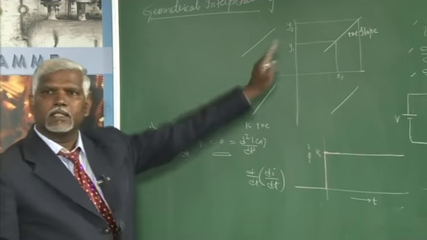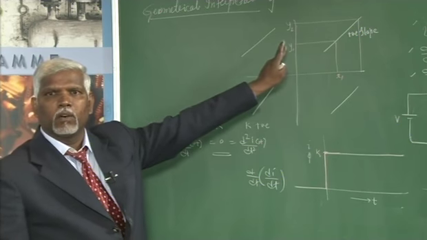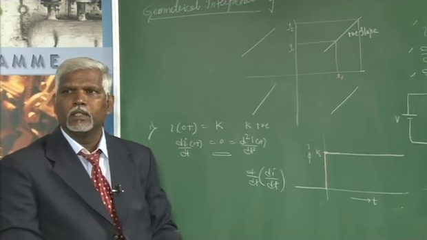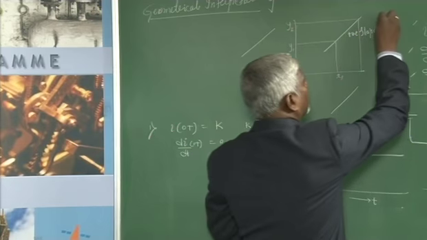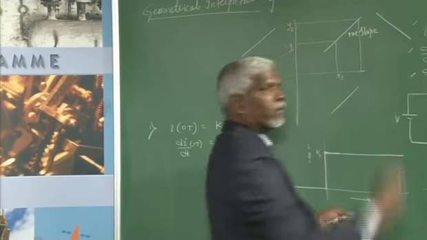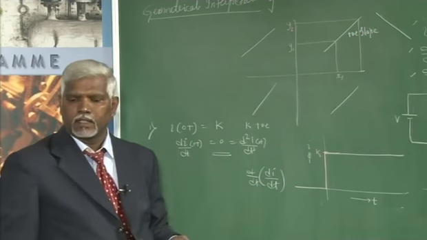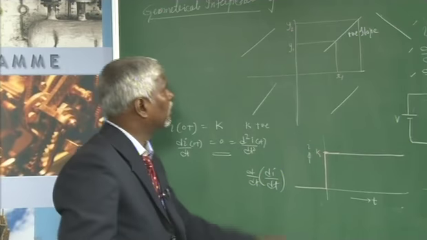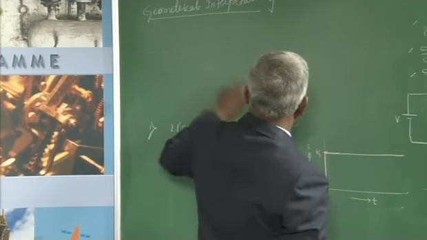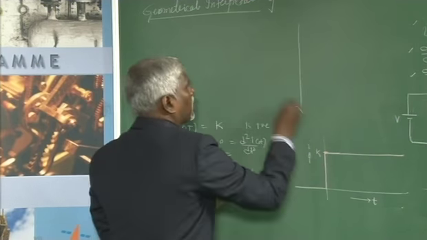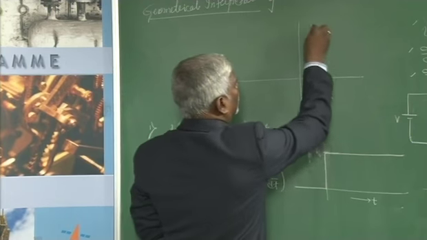If the line looks like this, it is a positive slope. What do you mean by a negative slope? A negative slope is one where as x increases, y is decreasing. Just to give you an idea about positive and negative, this is a negative slope.